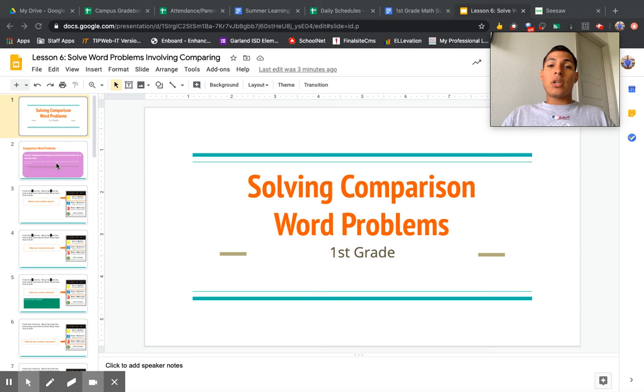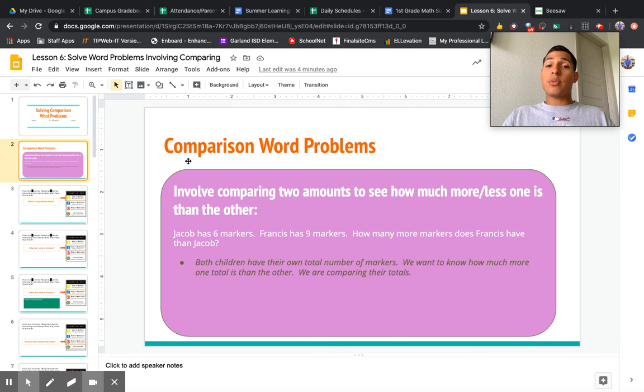So, solving comparison word problems. Comparison word problems involve comparing two amounts to see how much more or less one is than another. This is an example. Jacob has 6 markers. Francis has 9 markers.